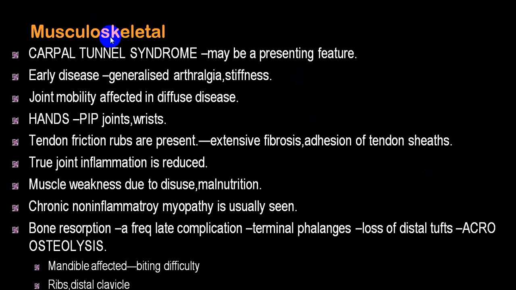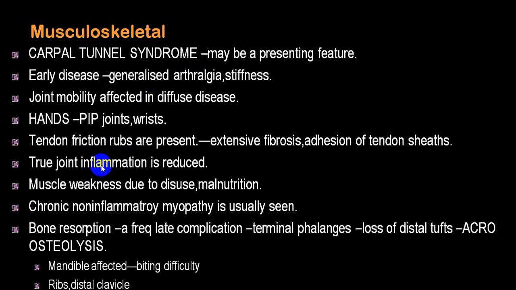In musculoskeletal involvement, you can have carpal tunnel syndrome, generalized arthralgia, stiffness, reduced joint mobility. PIP joints are more commonly involved; the wrist can be involved. You can have involvement of the tendon producing friction rub.